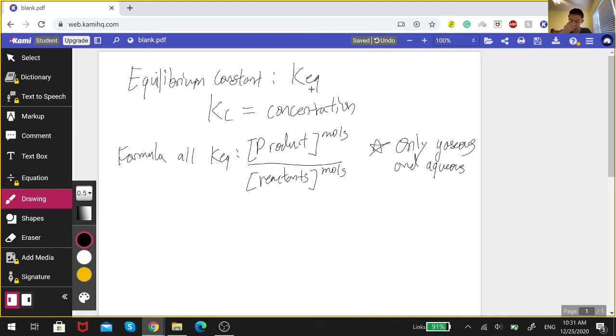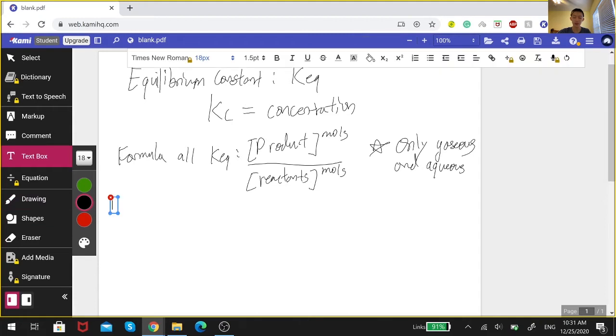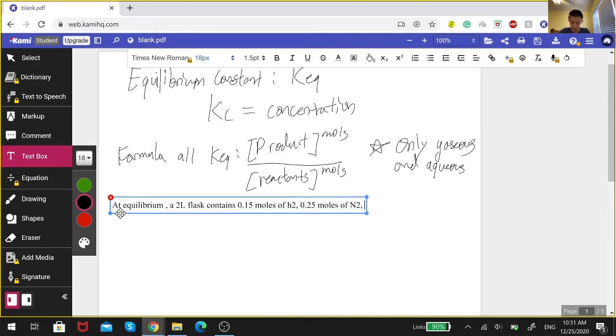Now let's say we have a problem that says: at equilibrium, a 2-liter flask contains 0.15 moles of H2, 0.25 moles of N2, and 0.1 mole of NH3.